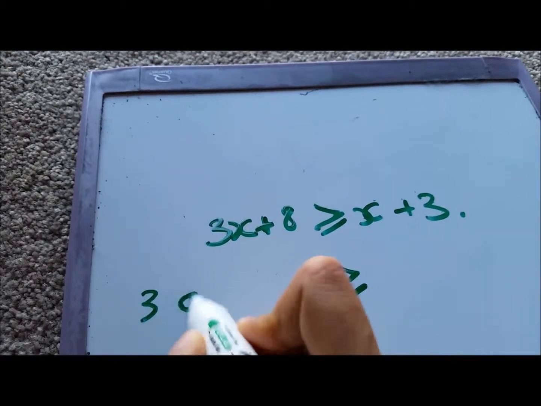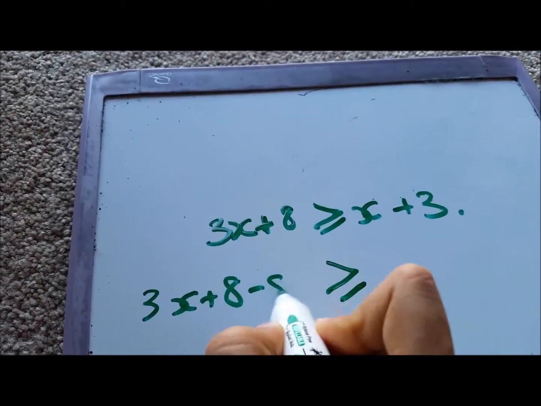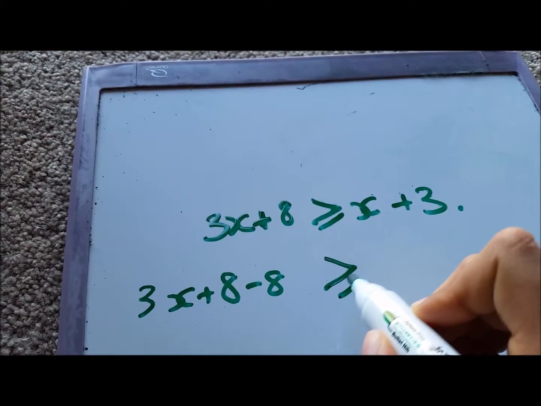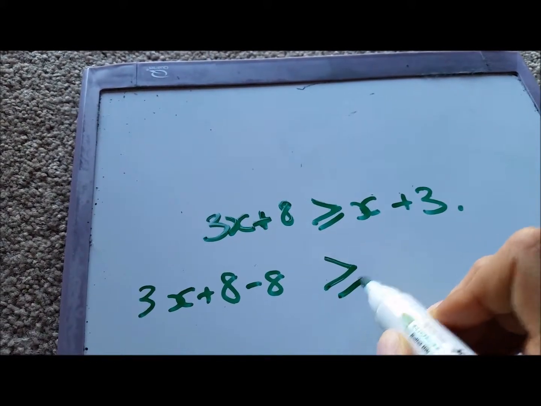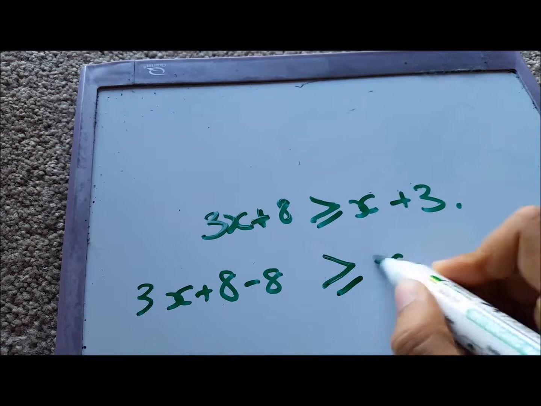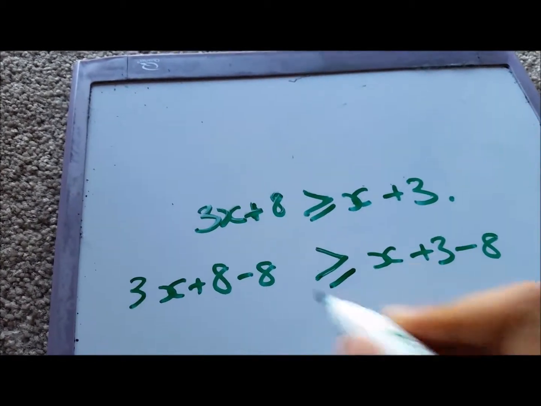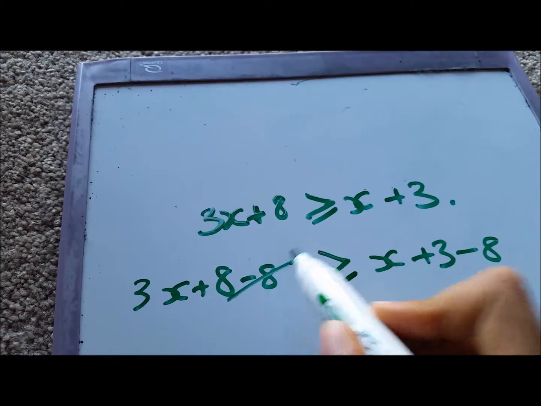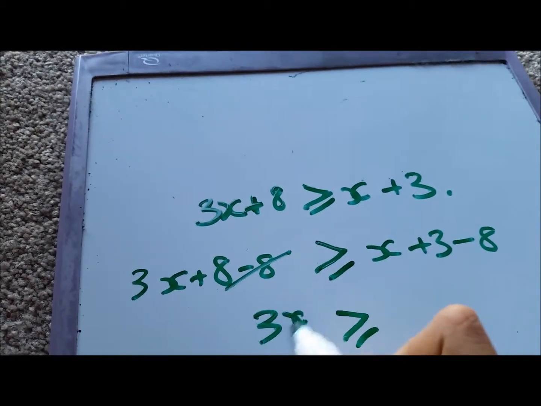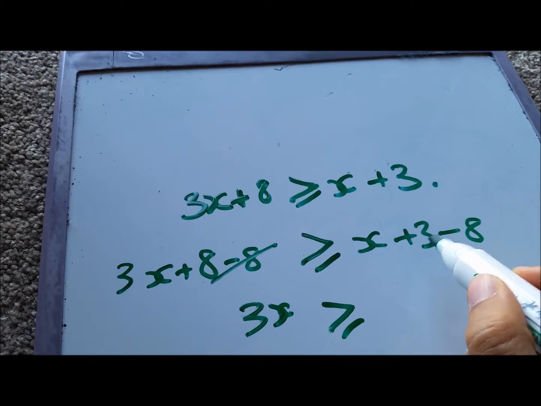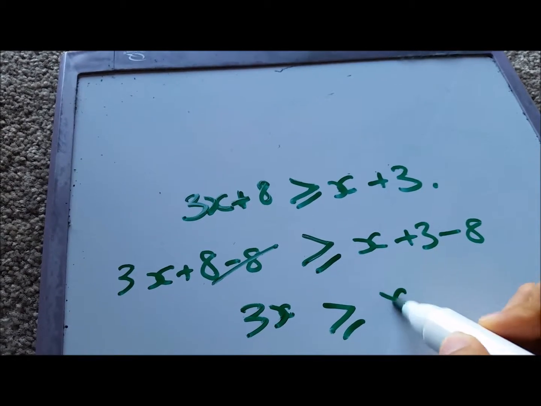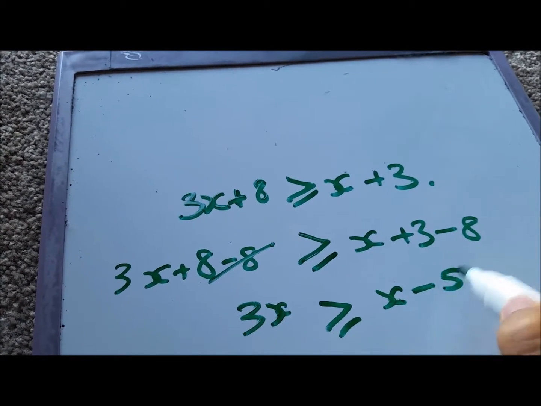So we're going to go 3x plus 8 minus 8 is greater than or equal to x plus 3 minus 8. This 8 minus 8 is equal to 0, so we're just going to have 3x, and here we're going to have x plus 3 minus 8, which is x minus 5.